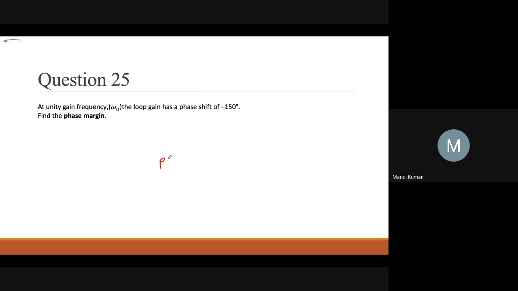Phase margin is equal to 180 plus phi of omega, ma'am. That is 180 minus the mod of the phase at unity gain, which is 150.